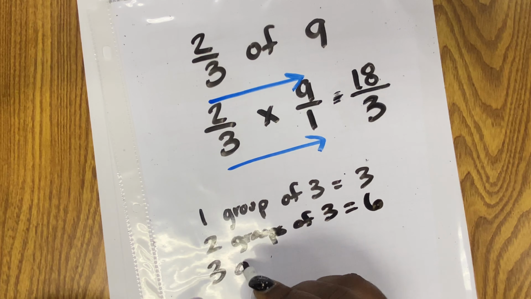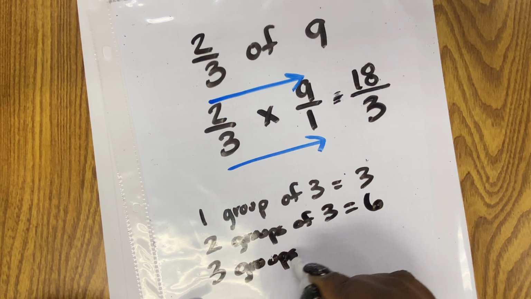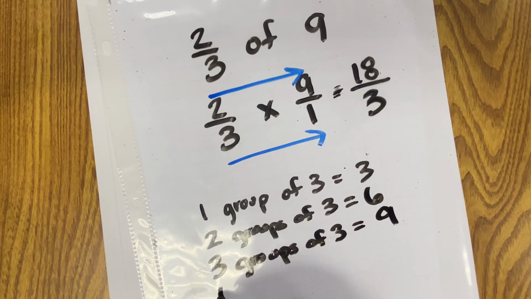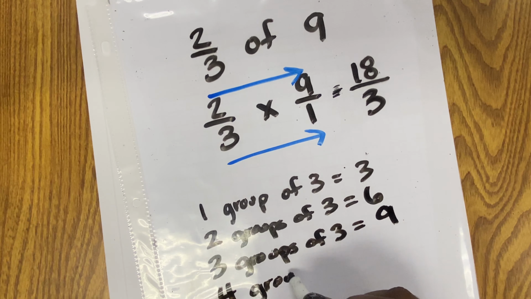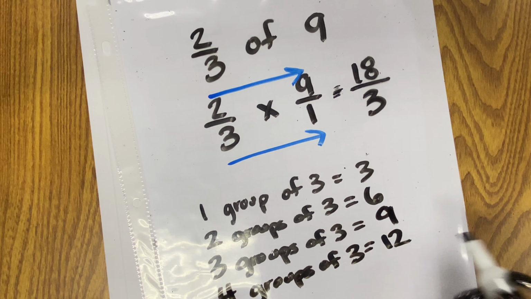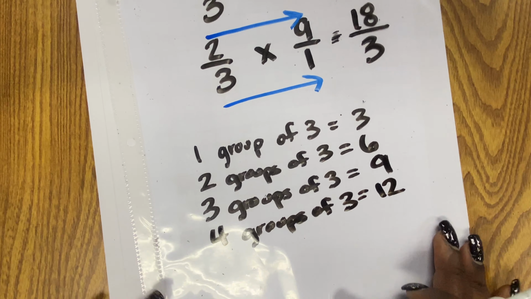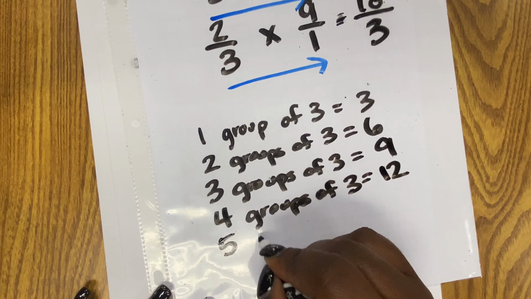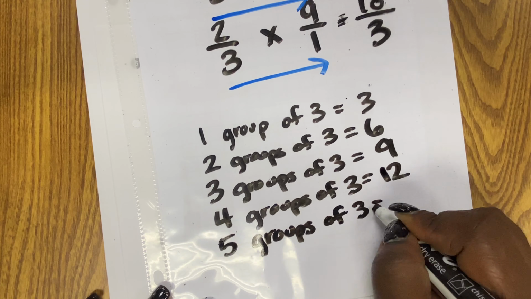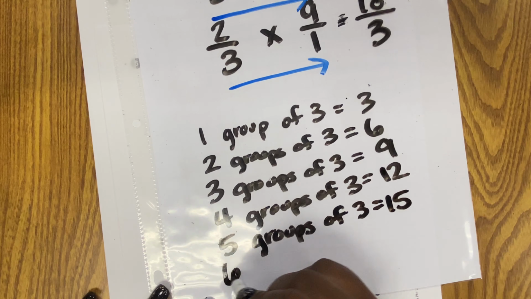If I have 3 groups of 3, that is 9. 4 groups of 3 is 12, because each time I'm adding 3 for every group. 5 groups of 3 is 15.